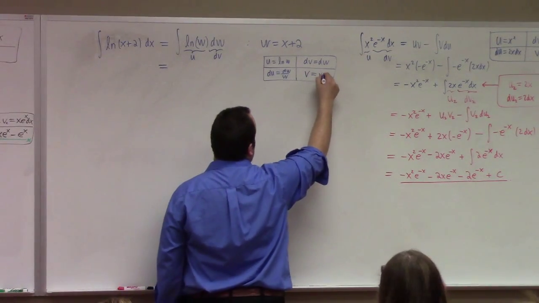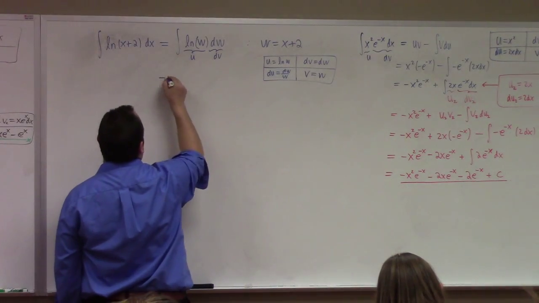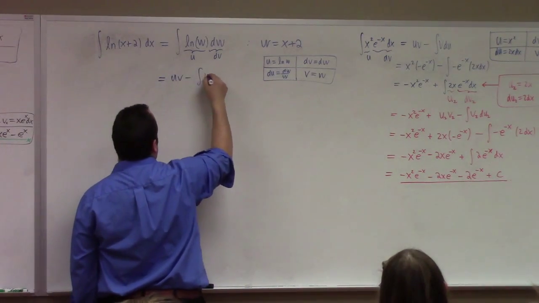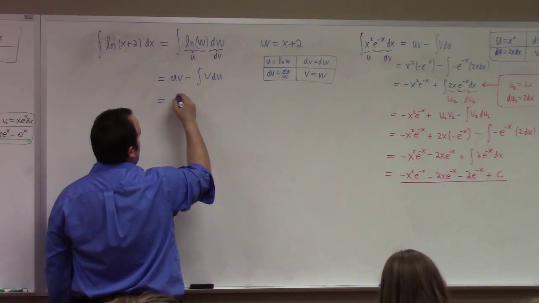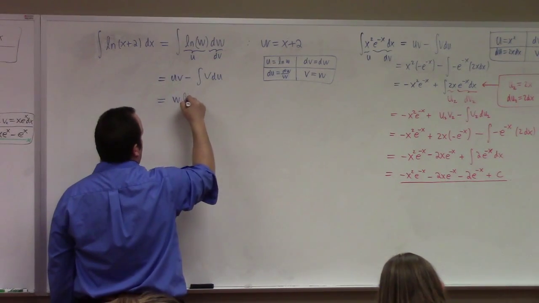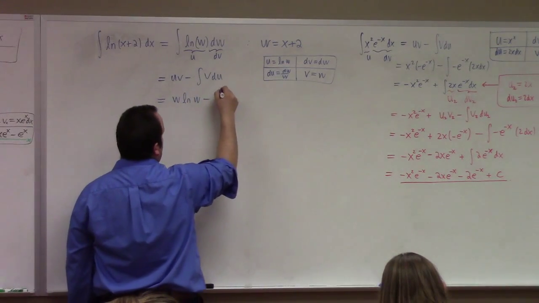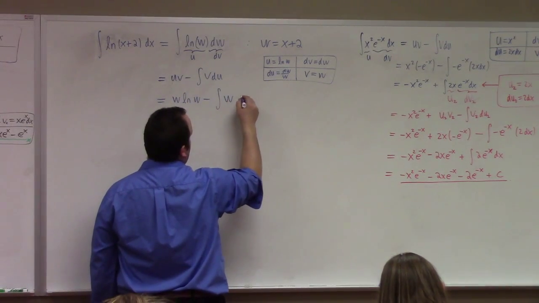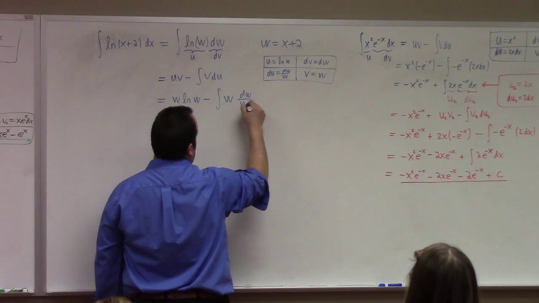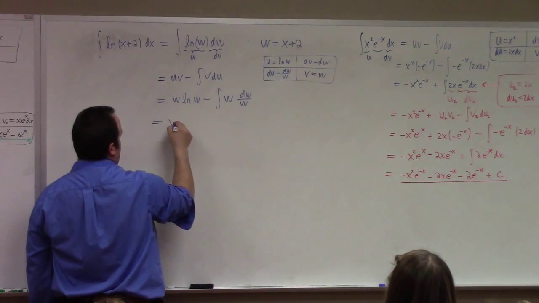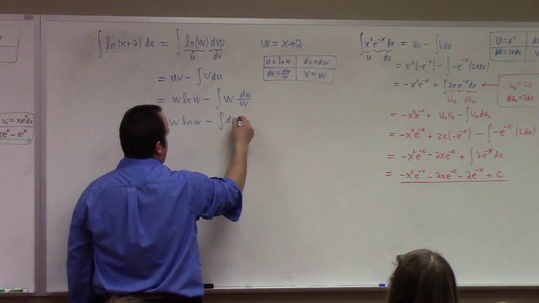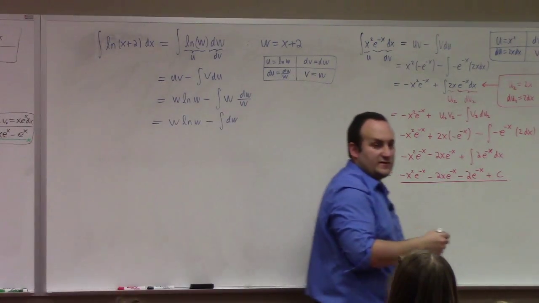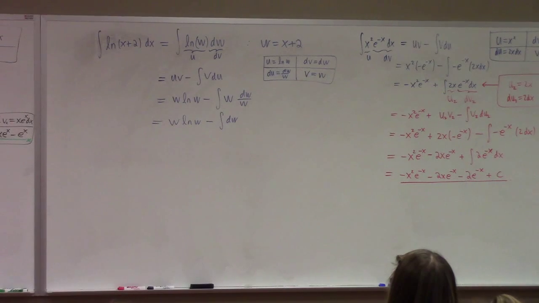W, right? So we have uv minus integral of v du, which in this case is w ln of w minus the integral of v, which is w, du, which is dw over w. See, isn't that fun? So this time, we're just left with the integral of dw instead of this ugliness like we found in the other case, right? I mean, this is not impossible.